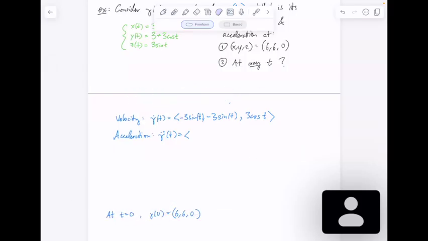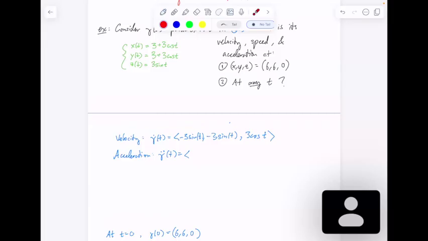So for acceleration, we differentiate what we had in the velocity once again, and what we get is minus 3 cosine t, minus 3 cosine t, and then minus 3 sine t.